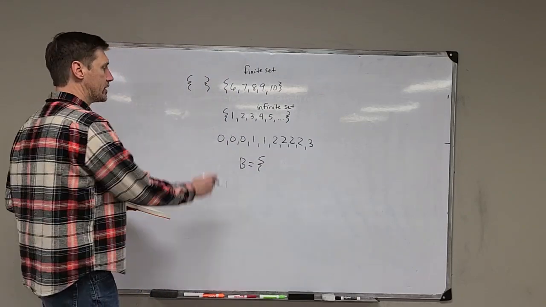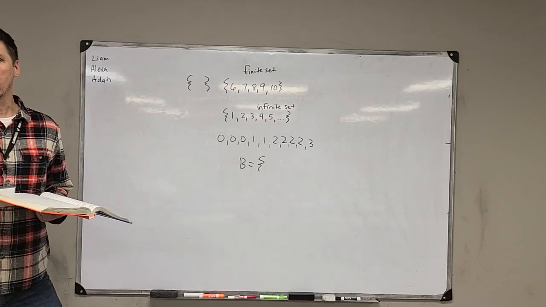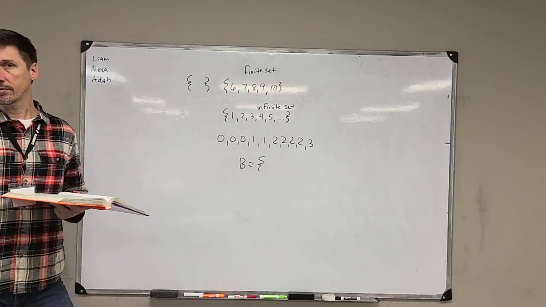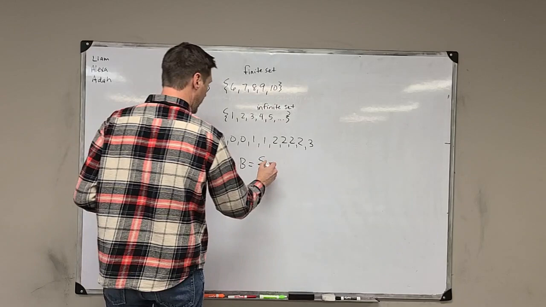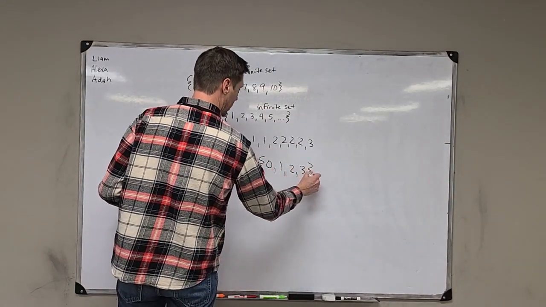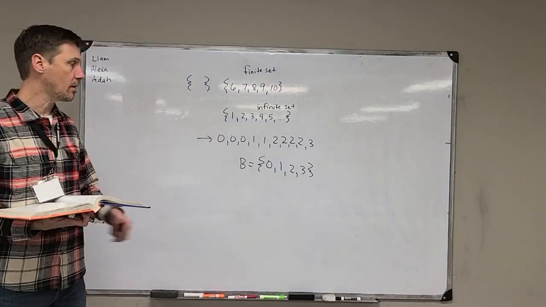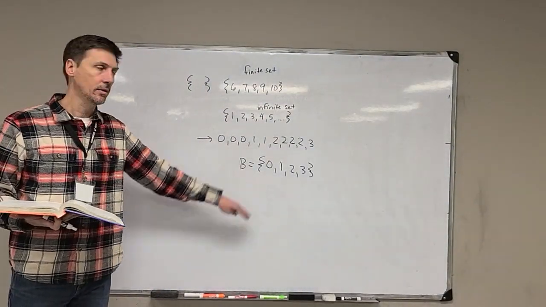When you're identifying a set of numbers, you just put all of the numbers that are in that set one time. So if we've got 0 in there, we'll only list it once. Same with 1, same with 2, same with 3. That would be our set that represents these numbers right here. All of those numbers are contained within that set.